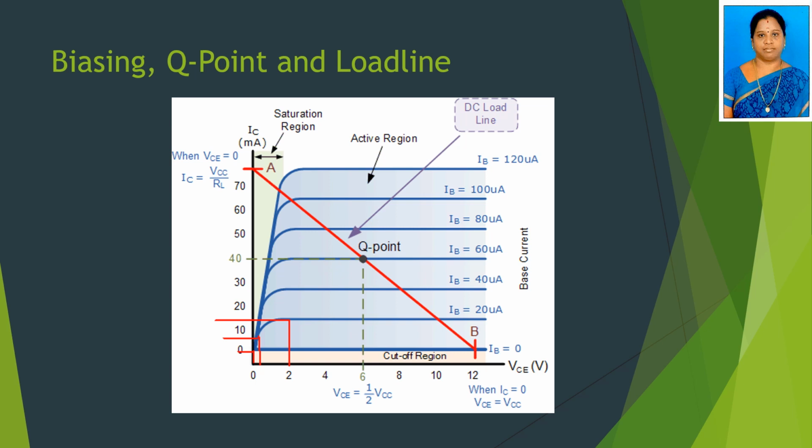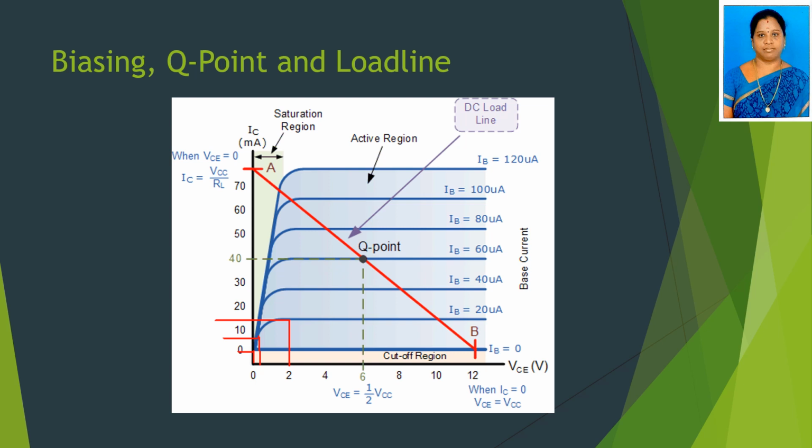On the x-axis we have the collector to emitter voltage VCE. In this point A, when VCE is 0, definitely the collector current is equal to the maximum collector current, which is nothing but VCC by RL or VCC by RC. So you will be getting one point. That point is called the saturation point. So that point is A.